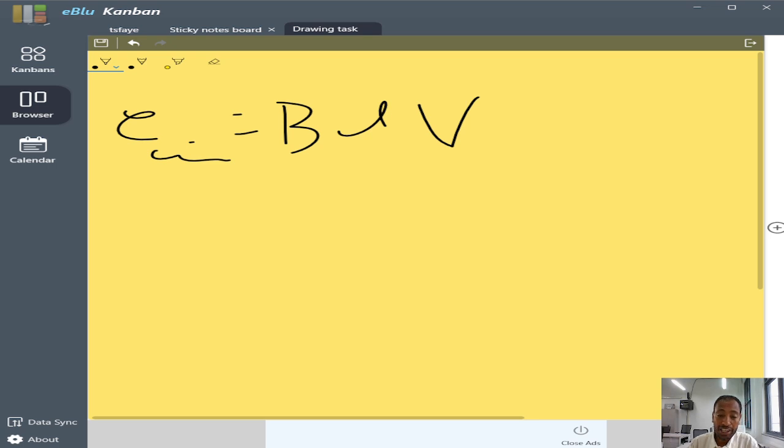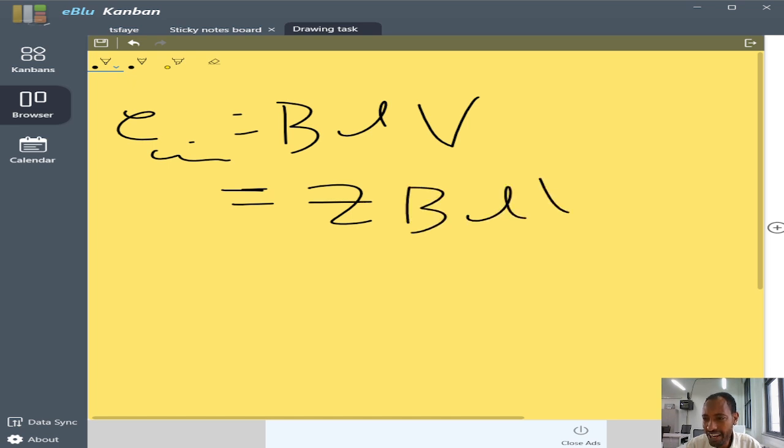But in our real DC generator, this is for a single loop. So I'm going to have Z number of conductors, Z BILV with respect to paths. This is what it's saying.